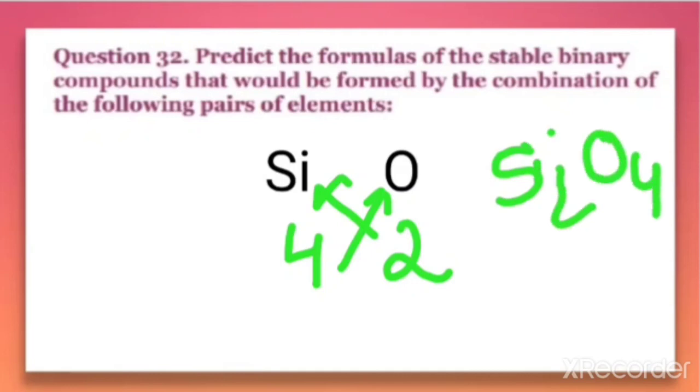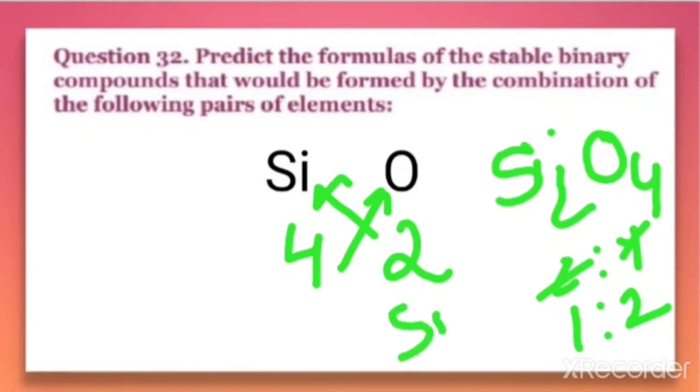Now this 2 to 4 ratio, when you simplify it, you will get 1 to 2. So the formula generated is SiO2. In some cases you have to do a simplification, and then the formula which is generated will be the formula. So the formula for the Si and O combination is SiO2.